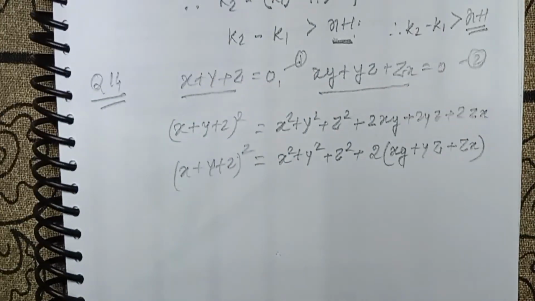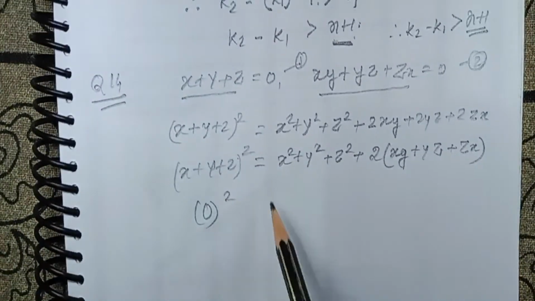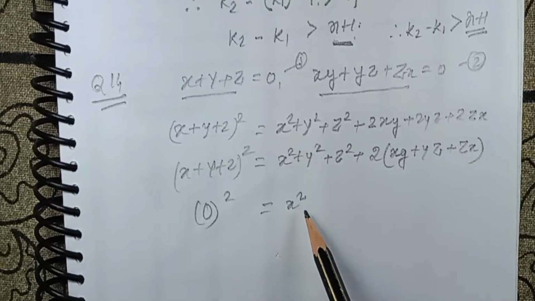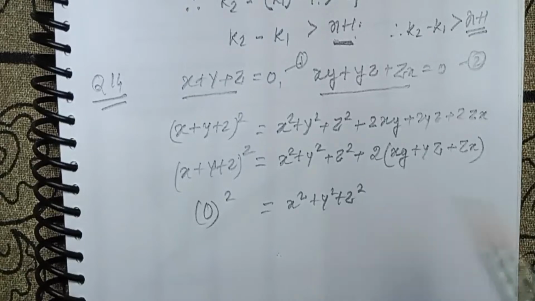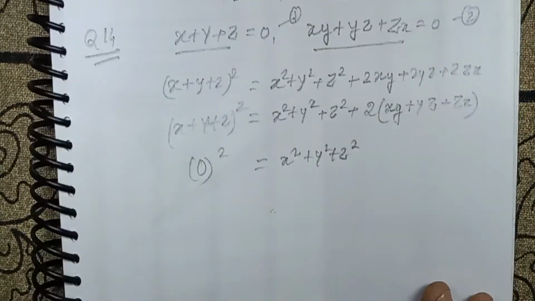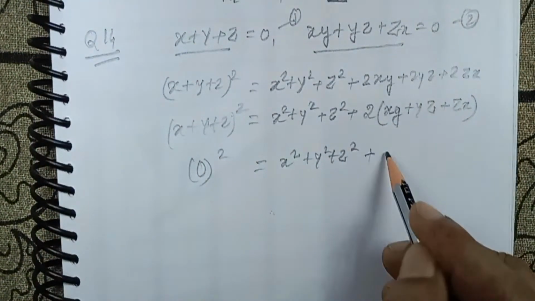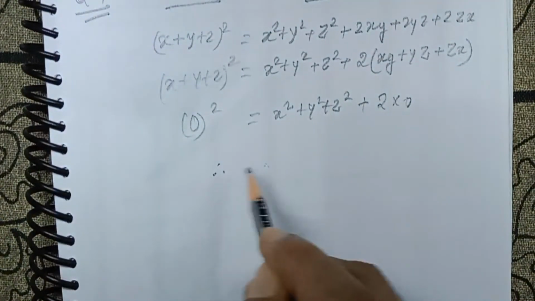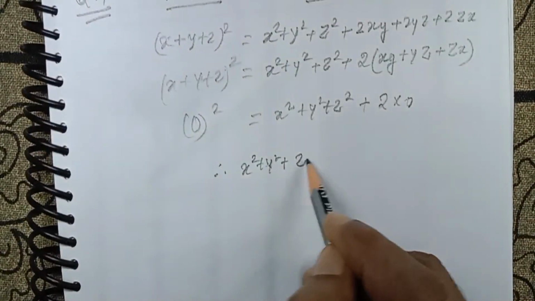Now you can see x plus y plus z is 0, so x square plus y square plus z square plus 2 into 0 gives x square plus y square plus z square equal to 0.